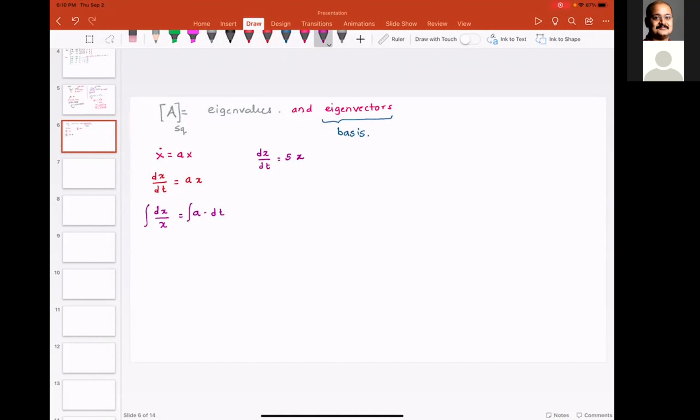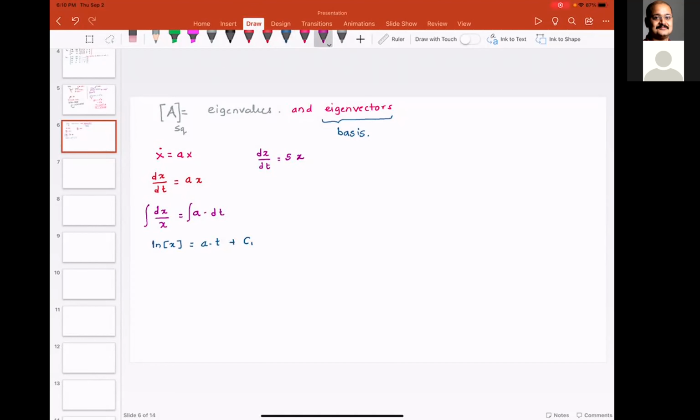Do you agree with me? So once I integrate on the left hand side, I'm going to have ln of x is equal to a times t plus a constant of integration c1. Do you agree with me?